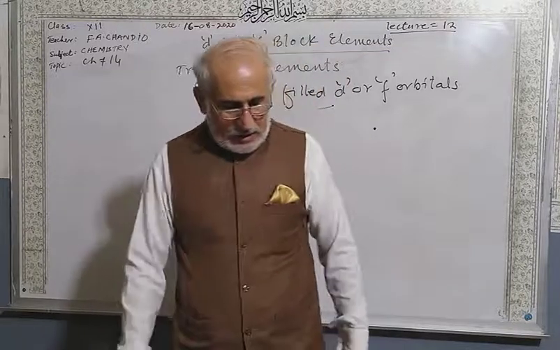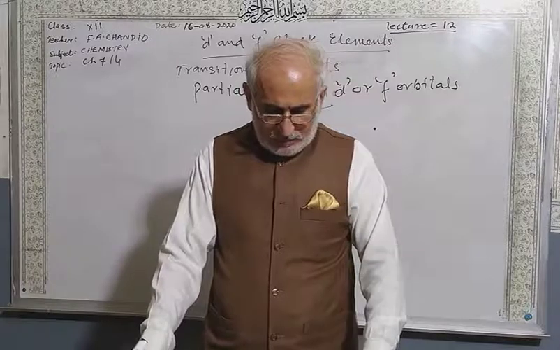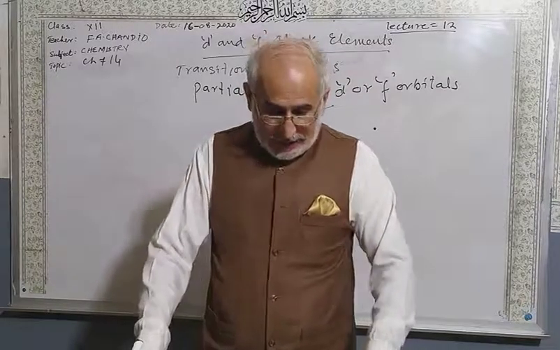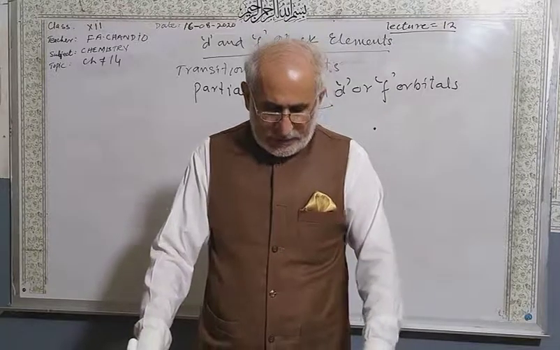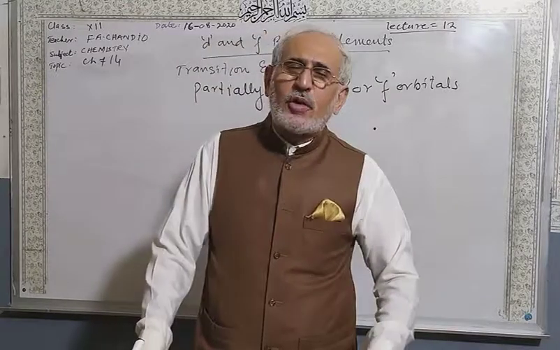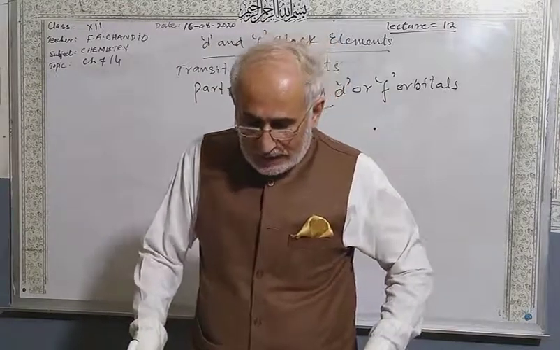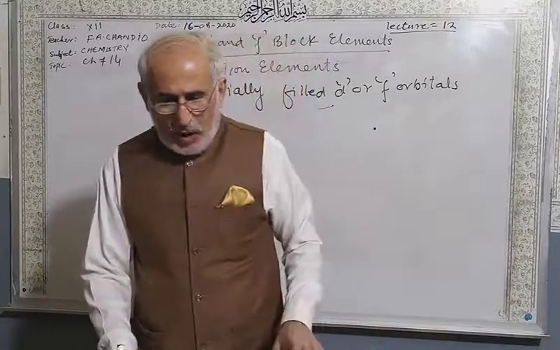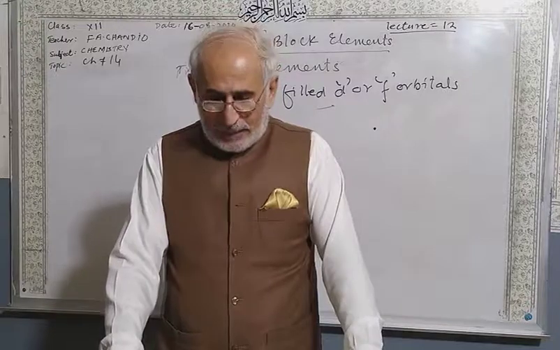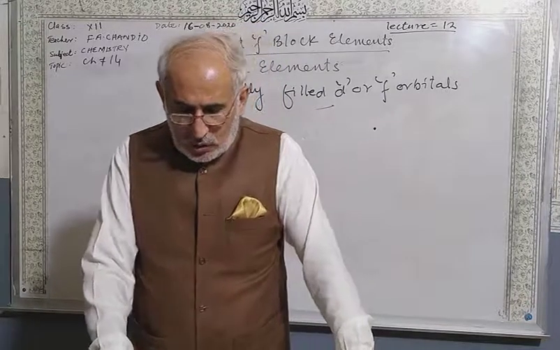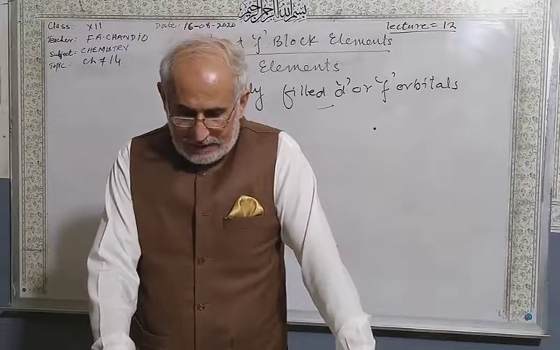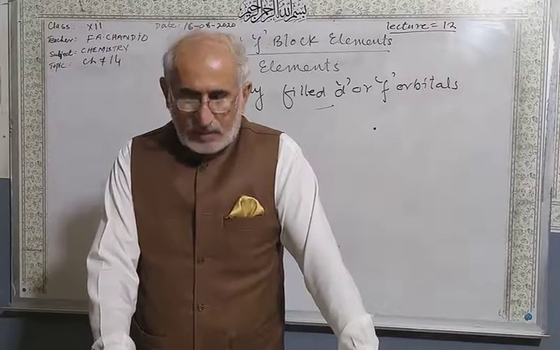Then from lanthanum, atomic number 57, to mercury, the 5D series. Here the lanthanide series, we are not talking about the F block elements. Now students, F block elements start from cerium Ce, atomic number 58, to lutetium Lu, atomic number 71, for the 4F series.